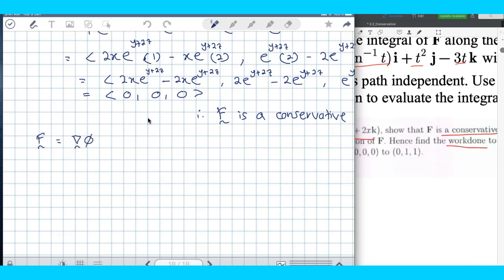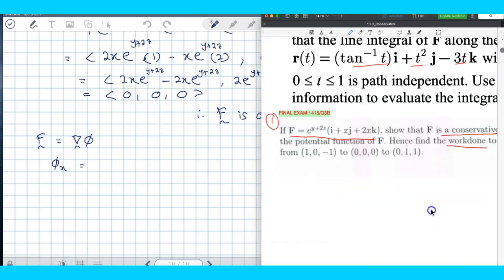So phi x is equal to e to the y plus 2z, phi y is equal to x e to the y plus 2z, and phi z is equal to 2x e to the y plus 2z.